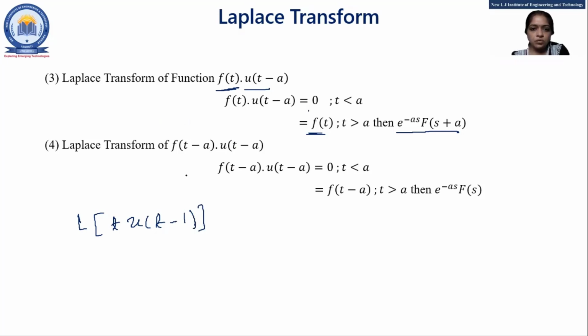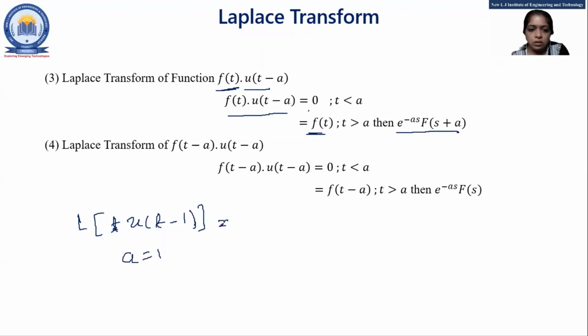For f(t) into u(t minus a), here your f(t) is just simple t and u(t minus 1). What is your answer? Anyone? Here, what is the value of a? First, you have to write the value of a. In this case, your value of a is 1.